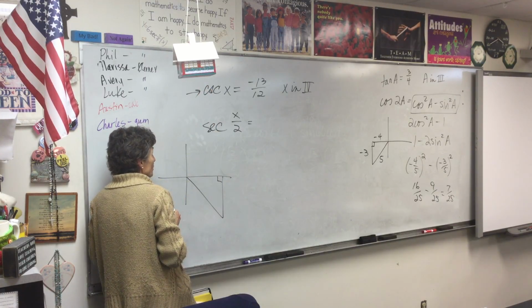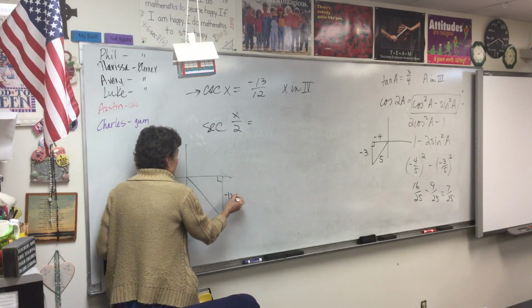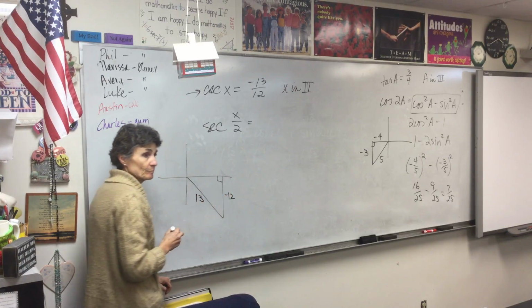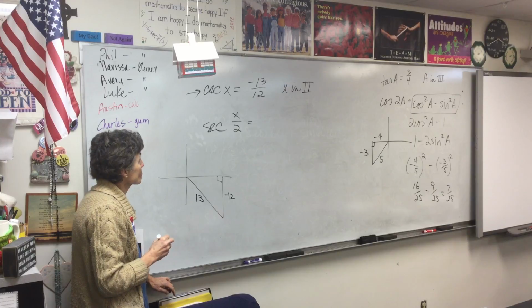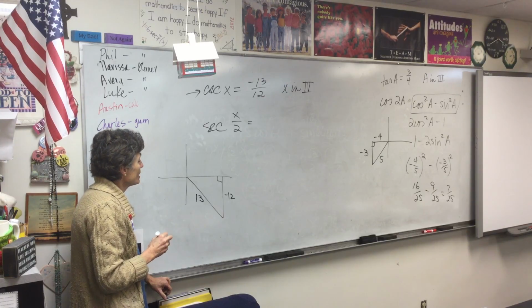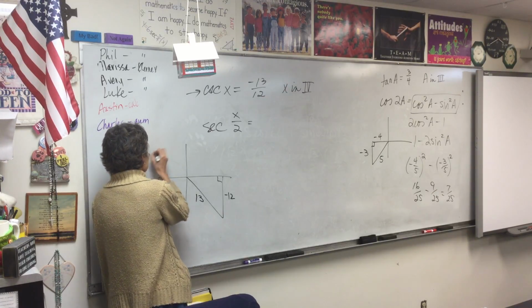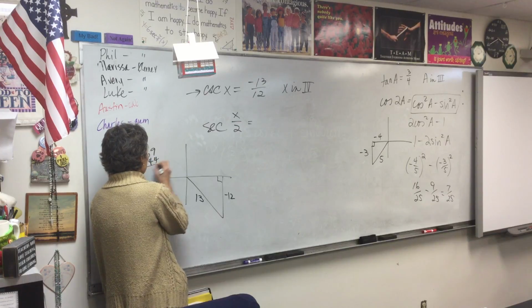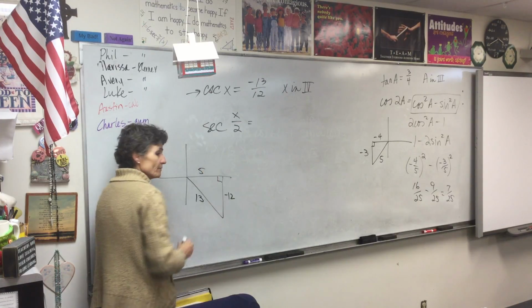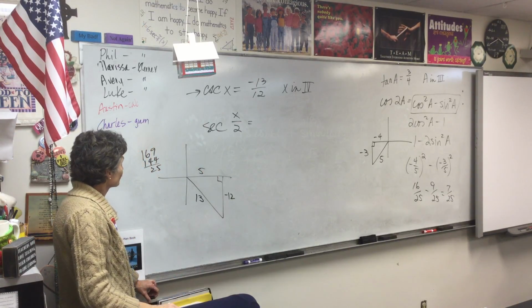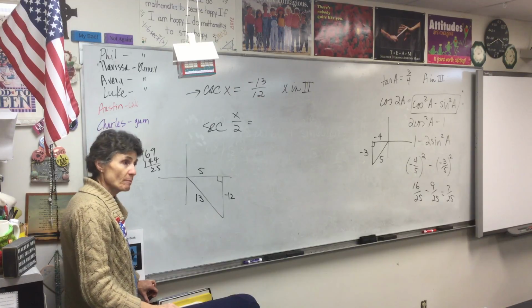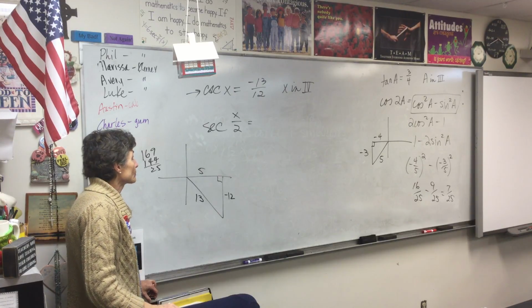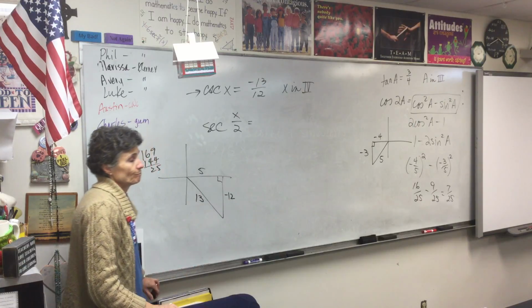It's the reciprocal of sine. So this would be negative 12/13. And the Pythagorean theorem says 169 minus 144, so this is 5. All right, so there's the picture. Now, what are you going to do about this?